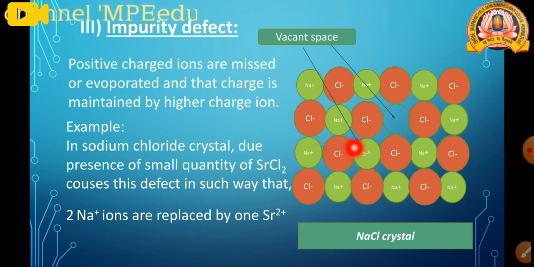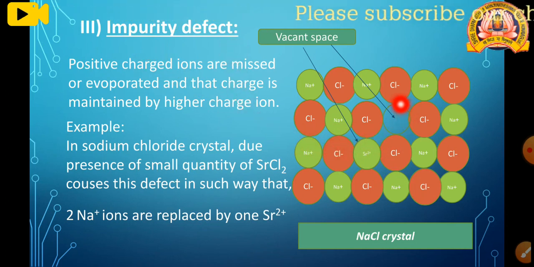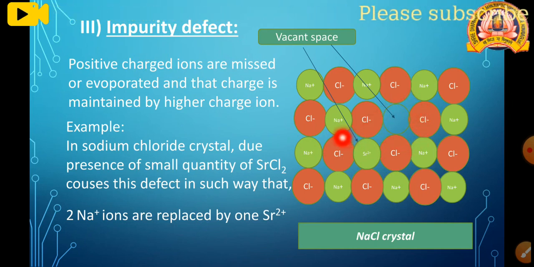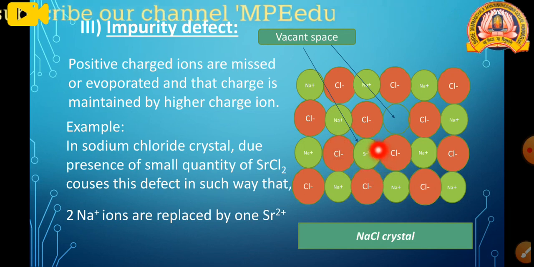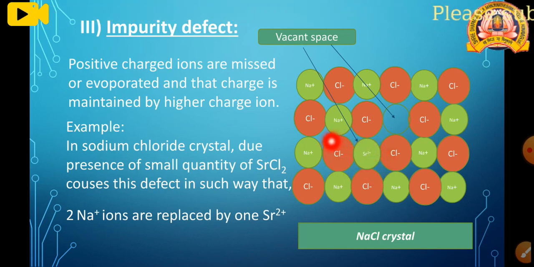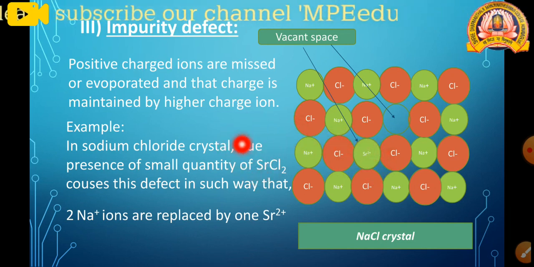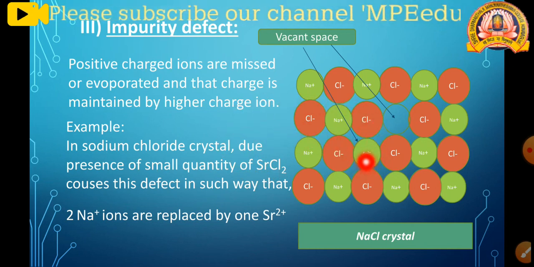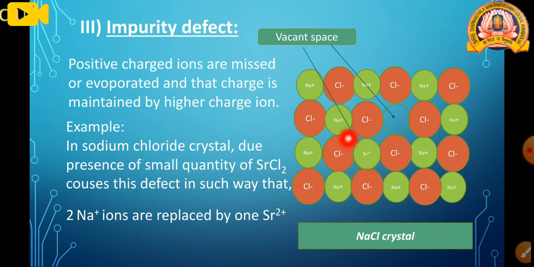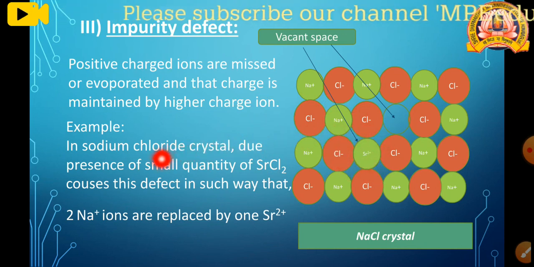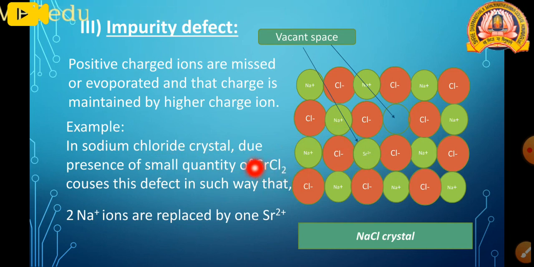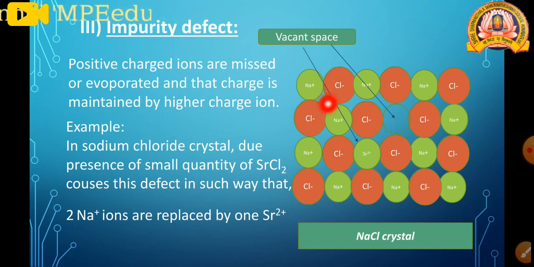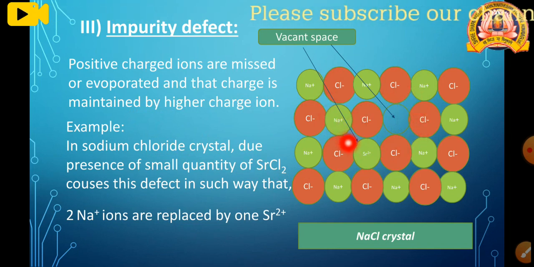Suppose sodium shows multiple oxidation states, and Na2 plus takes this place and maintains the electrical neutrality, then it becomes metal deficiency. So what you observed in iron and copper is known as metal deficiency, but if it happens with a different ion, then it is impurity. There are small differences between vacancy and impurity defects.